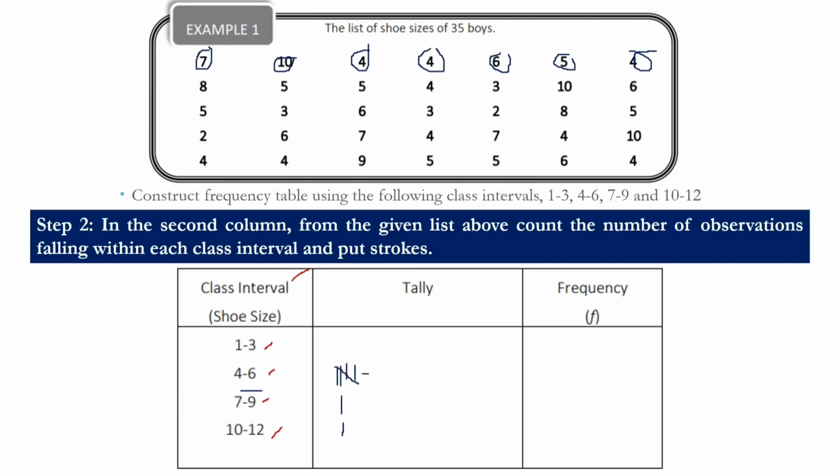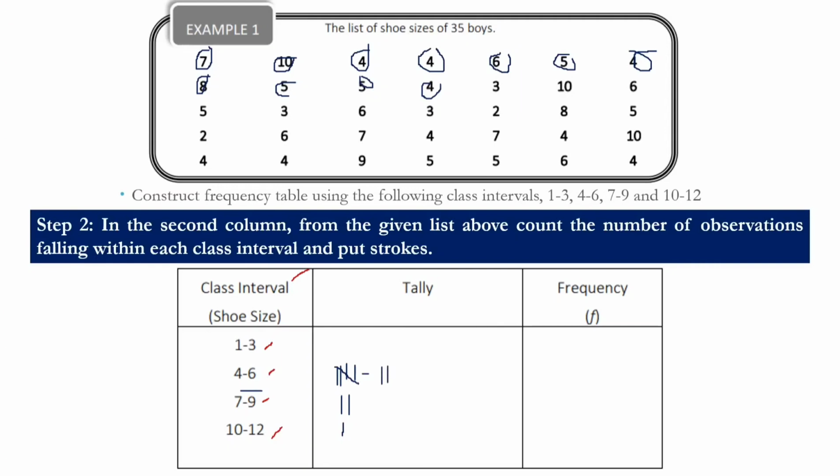Let's continue with the second line. So 8 here falls in the class interval 7 to 9, so that is 1 stroke. 5, 5, and 4 all belong to the class interval 4 to 6, so that is 3 marks.